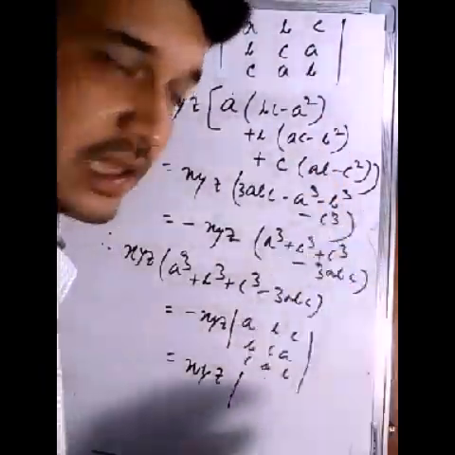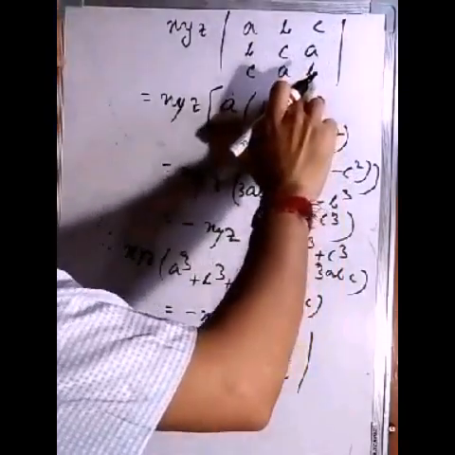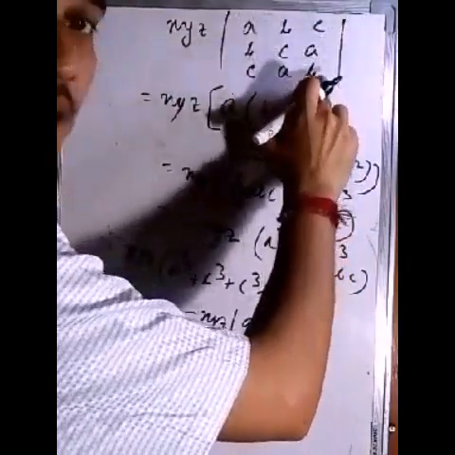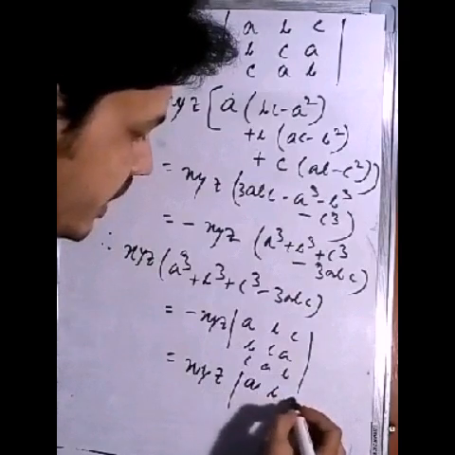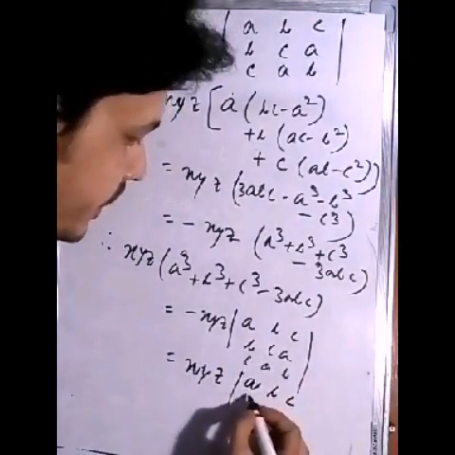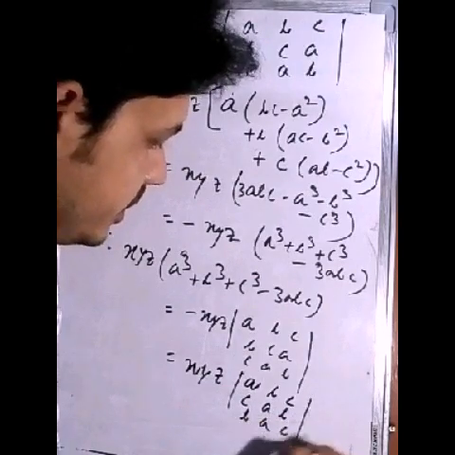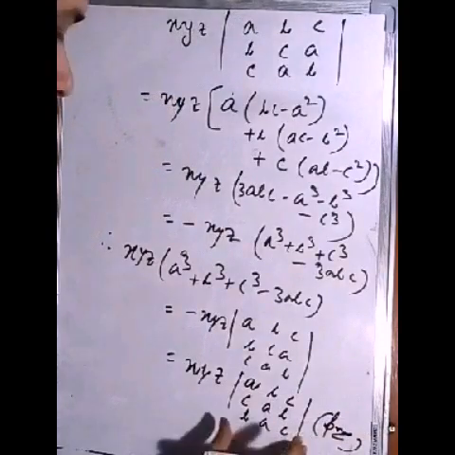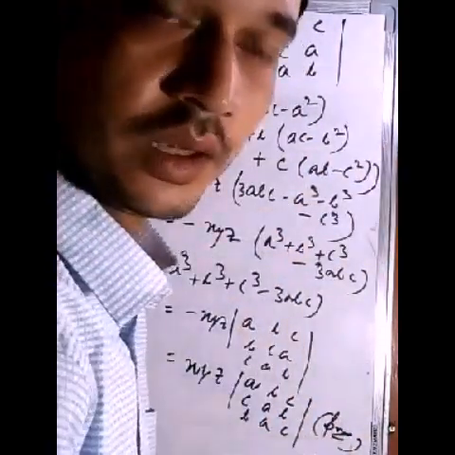But in the question it was given ABC, CAB, BCA, that is R3 we have taken, which is originally R2, and R2 is originally R3. So by multiplying this minus sign, we get the required determinant, which we have to prove. So this becomes CAB and this is BCA. So this proves the required result. That means this value and the previously proved result, these two values are equal.